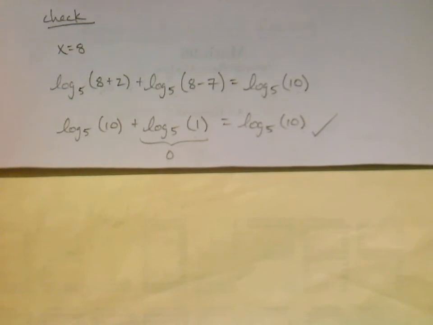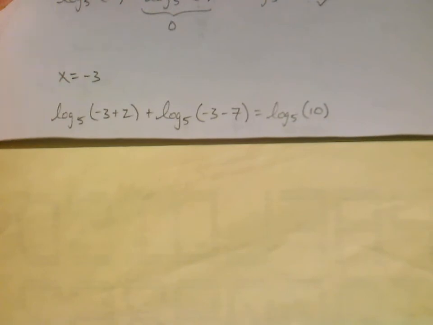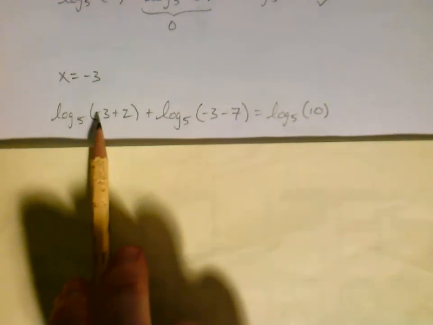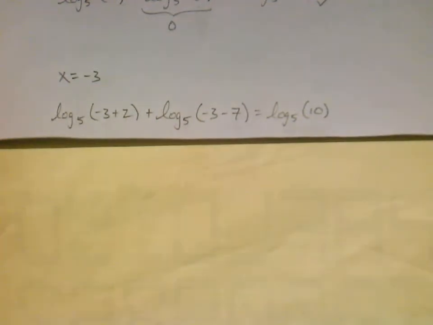So x equals 8 is the legitimate answer, which you can probably take a guess at what the extraneous one's going to be. Let's try negative 3. Now, why does this play out to be extraneous? I'll explain. If we plug negative 3 into the original x's in the original statement, what's going to happen?